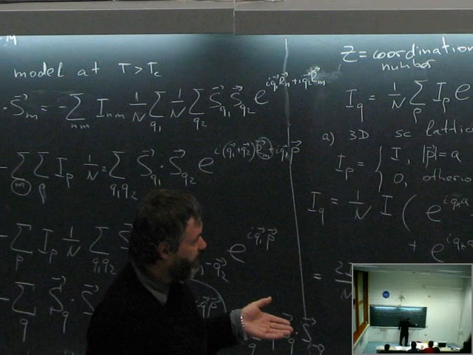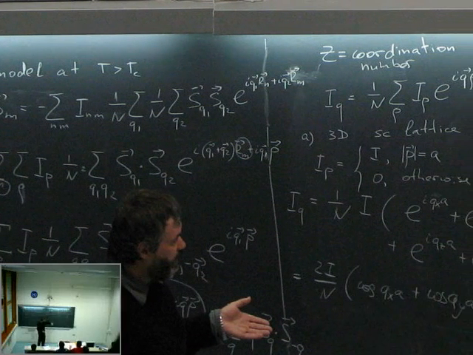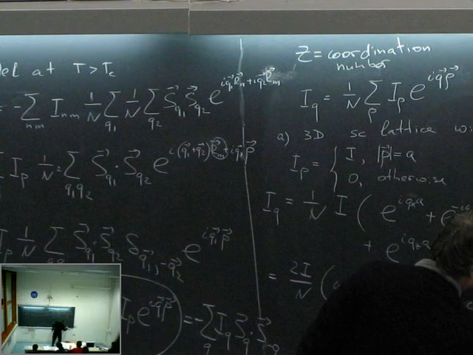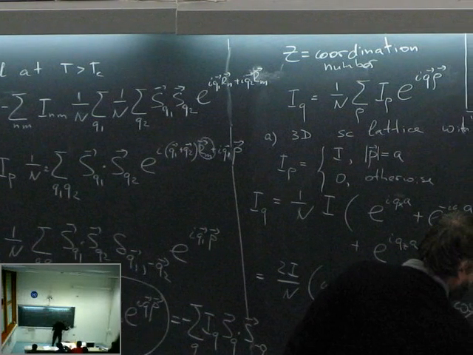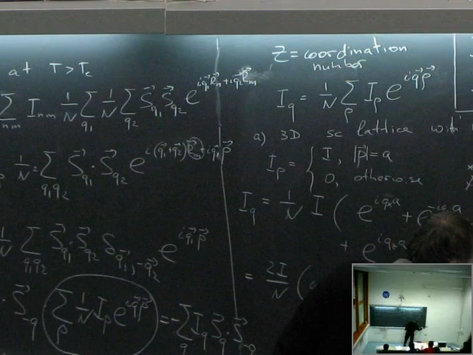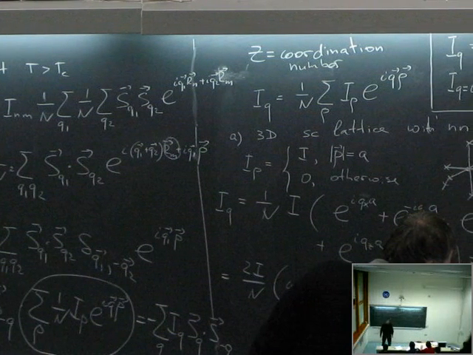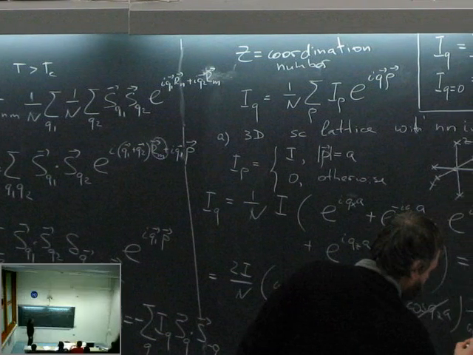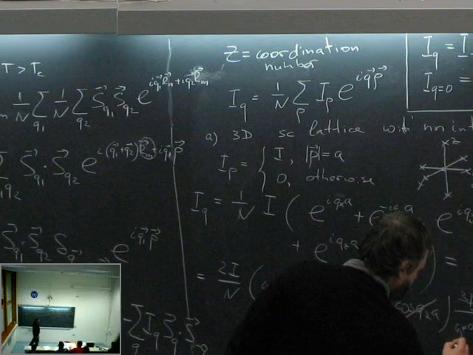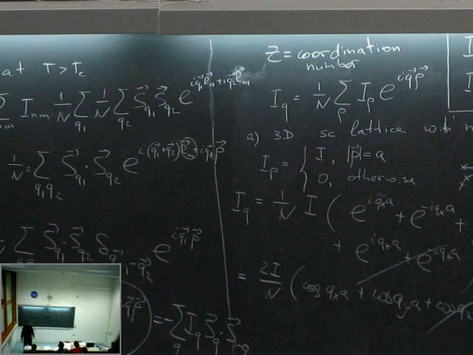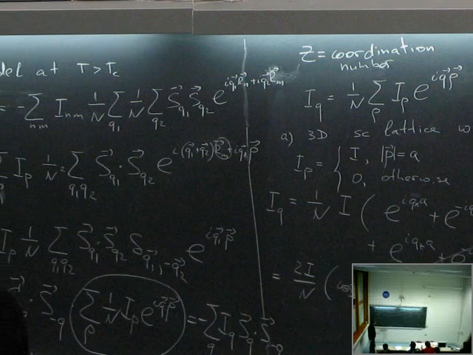So there will be no such term, and the total number of 2D components is 4. Again, the coordination number of the square lattice is 4. So you come to this dependence of the exchange integral on Q.